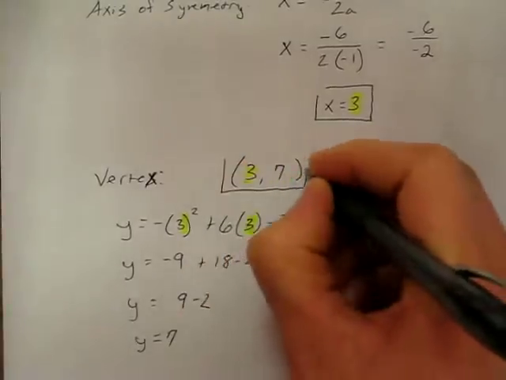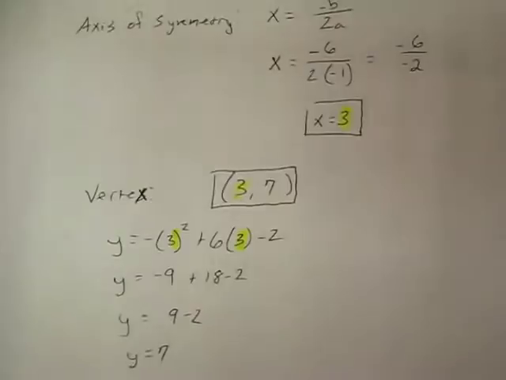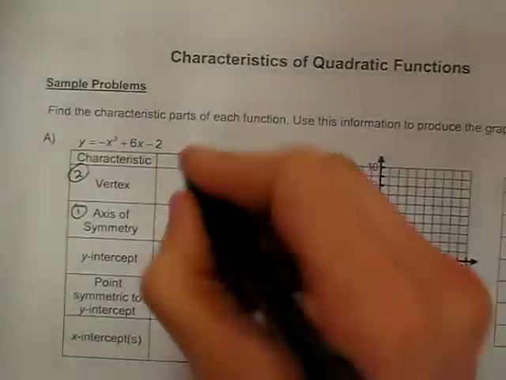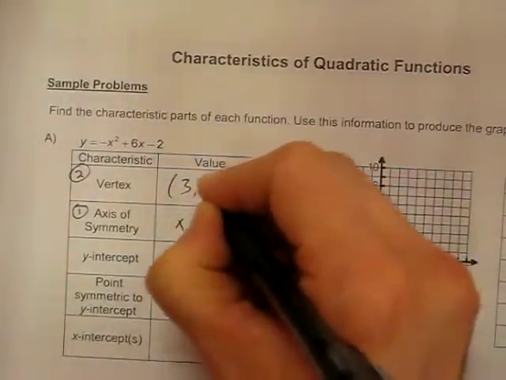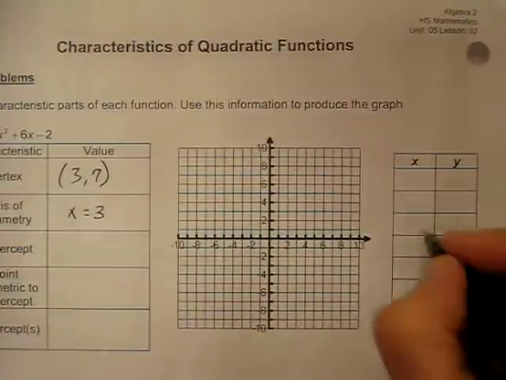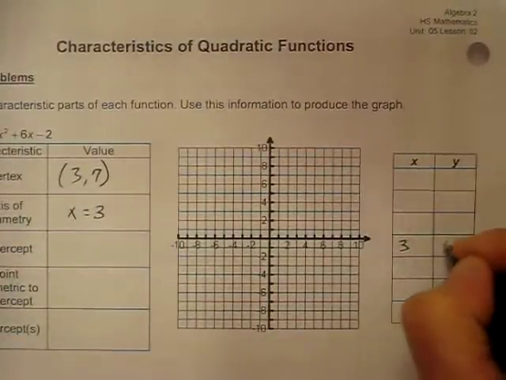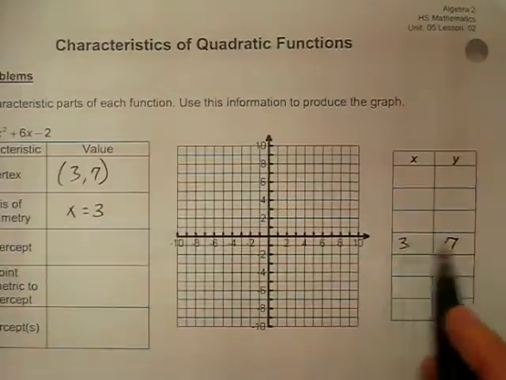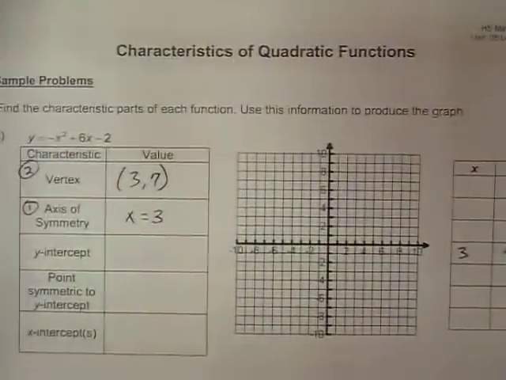And this is the vertex. So if you need to watch that stuff again, maybe rewind the video, but just know that you're going to plug in the axis of symmetry to find the vertex. Now, whatever you get for the vertex really should go in the middle of your table. That'll help you graph it. So when you do the graphing part, put the vertex in the middle of your table.